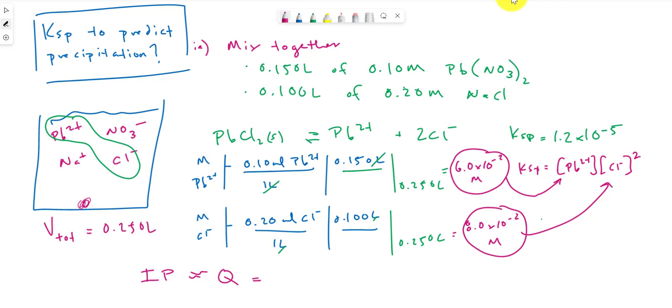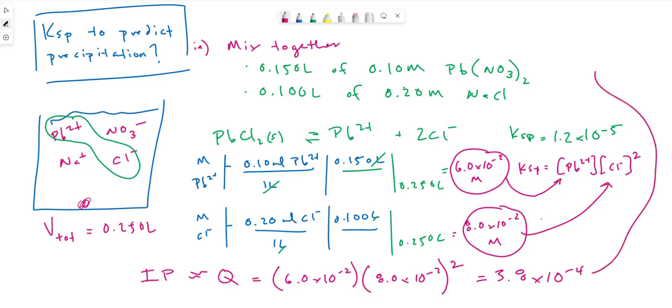And so we're going to compute the ion product here, which is going to be 6 times 10 to the minus 2 times 8 times 10 to the minus 2 squared, and see what that value gives us. And the value here is 3.8 times 10 to the minus 4.